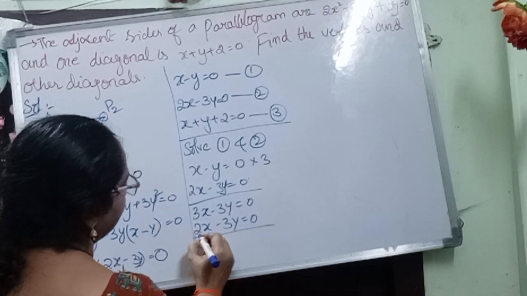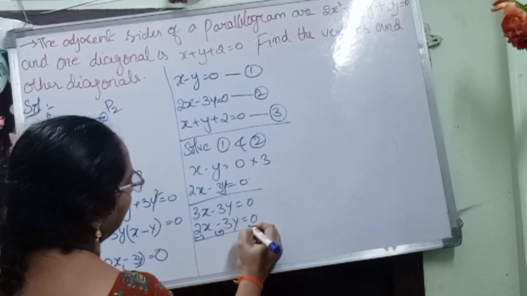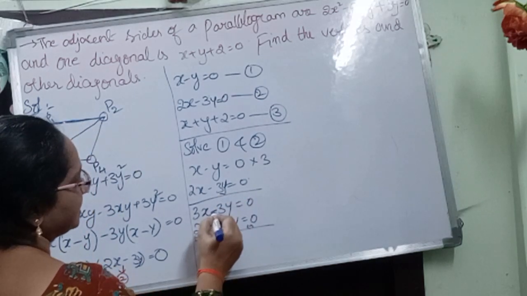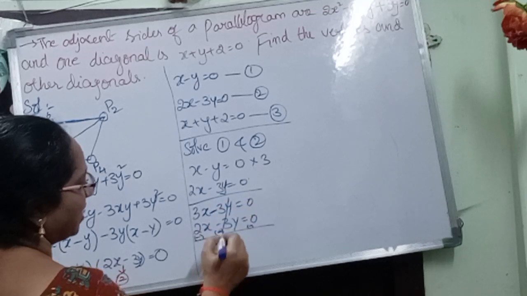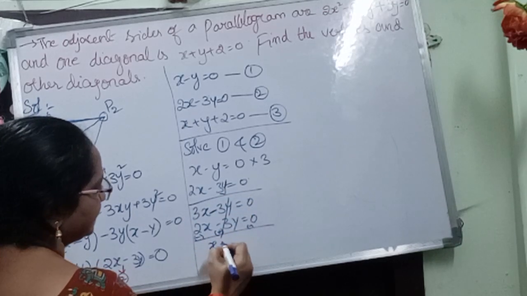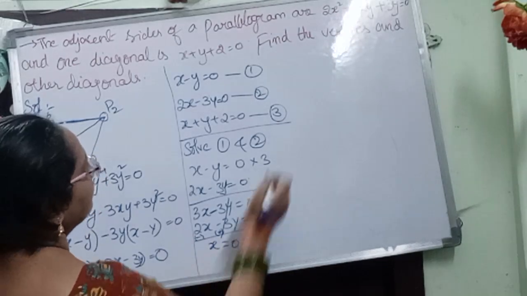Now subtract. These two terms get cancelled, because this is minus and this becomes plus, so these are opposite terms. We get 3 minus 2 is 1, that is x = 0. So we got x = 0.